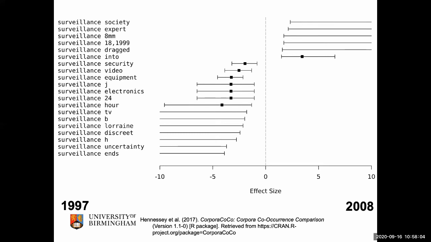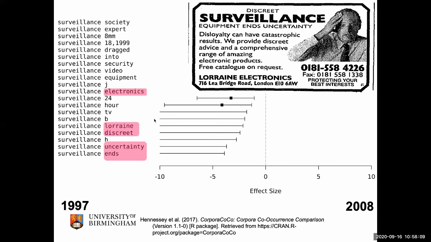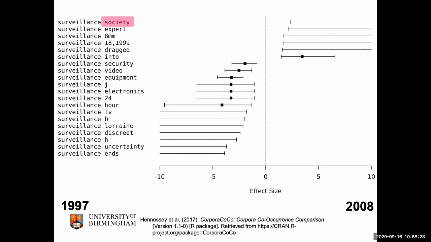For that reason, I went into the online interface to look at the context, and it turns out that advertising played quite a big role. So you've got these words that come from this particular advert actually, and adverts are repeated within a year, of course, so that can affect the data. 2008 was actually more interesting in terms of the culture, because here we find the word society as a unique collocate of surveillance.